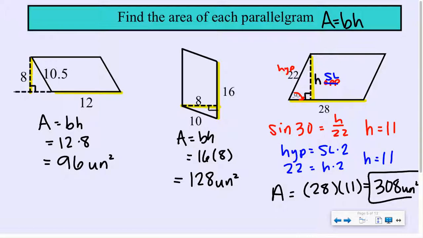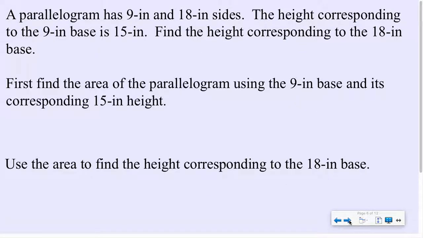So just be careful when you use SOHCAHTOA. If that doesn't come out as a perfect number, then you're going to have to jump to your special rules or your Pythagorean theorem. Does that make sense? Okay. Good on the front side? Cool. If you haven't been listening, I hope you listen now because you'll have a question like this next one on your assignment today. And some of you will probably leave it blank because you won't know what to do.